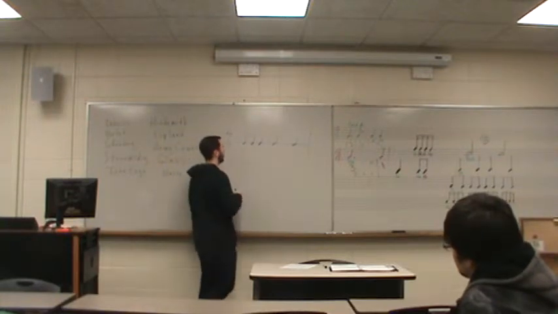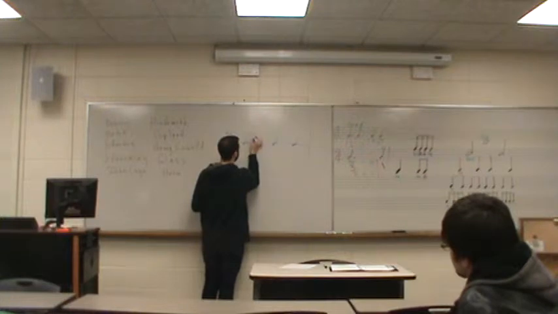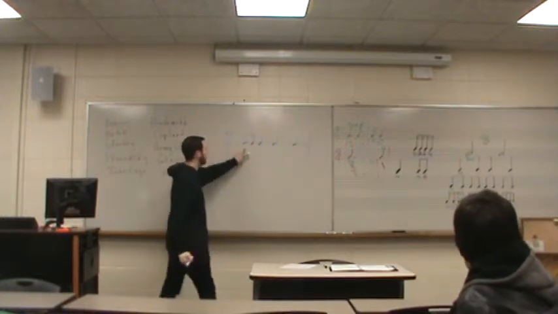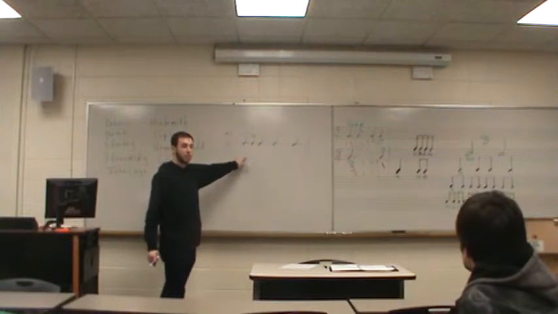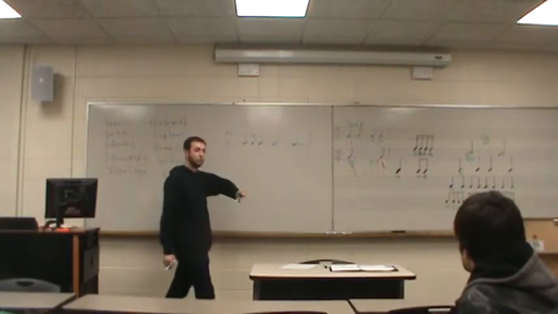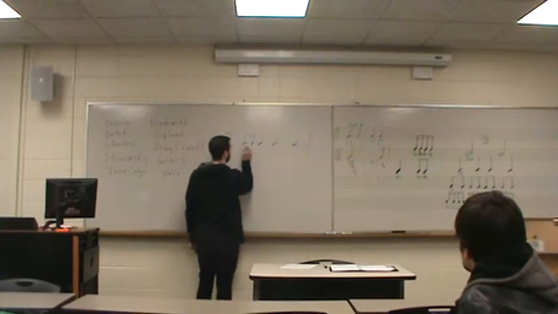Ta-di-ta-ta-ta. Okay. So if we were to dot this 8th note, we would have an extra half value added to this 8th note, correct? So it would be an extra 16th. So it would be kind of the value of 3 16th notes.